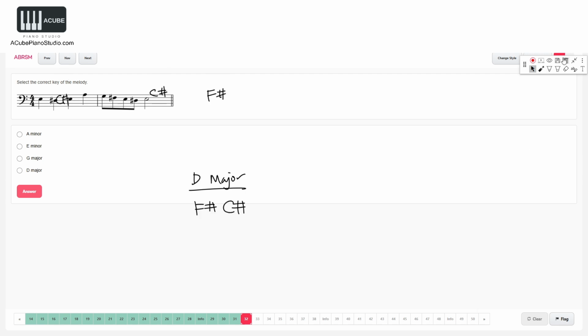Next, let's move on to this question here. Select the correct key of the melody. So for this one, write out what sharps you have and then refer to your key signature chart to determine the key. So you have D sharp and F sharp. If you have a minor key, you'll sharpen the 7th note for a harmonic minor, right?